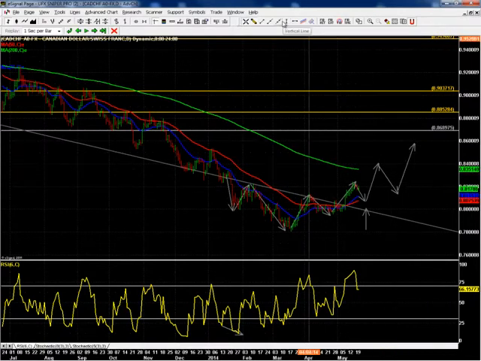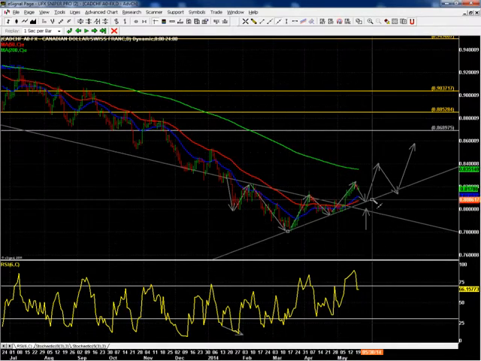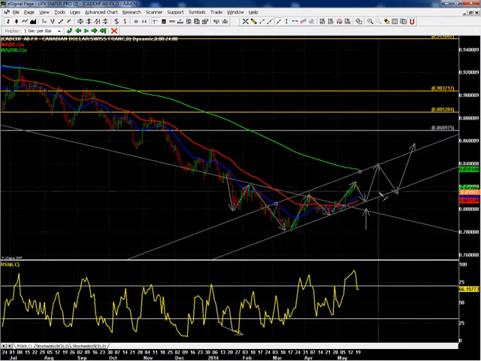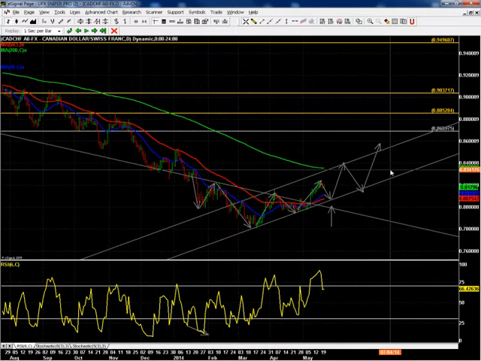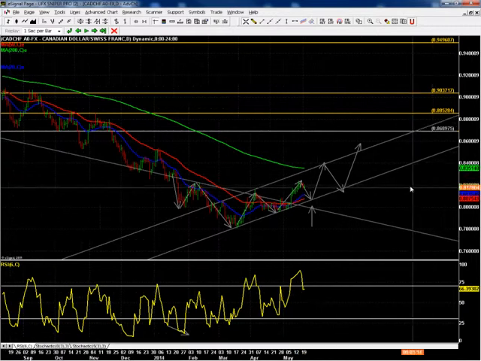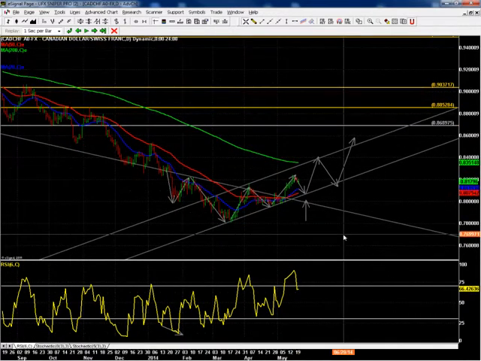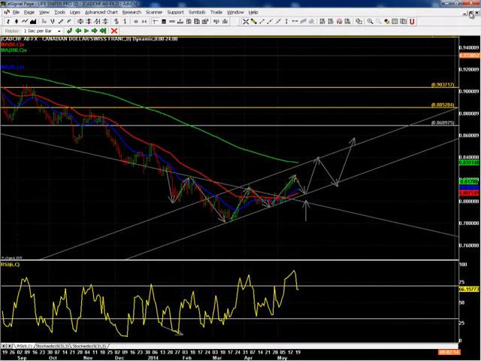You copy and paste like that, and this is likely to carry on for a while to the upside. So that's something you can look for and wait for. Okay, there is CAD/CHF, fine.